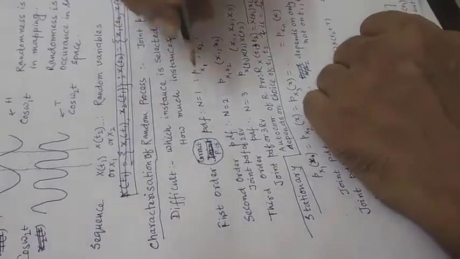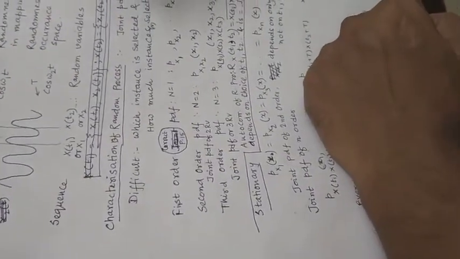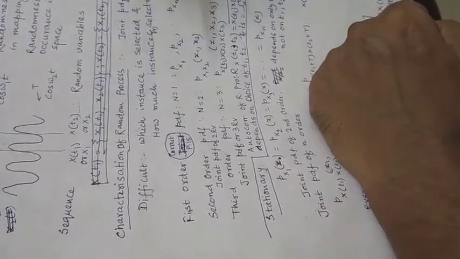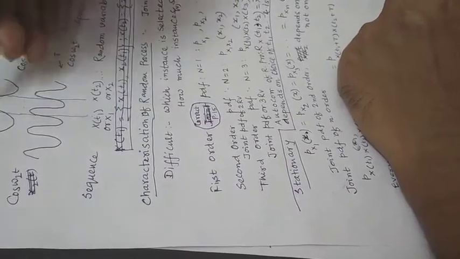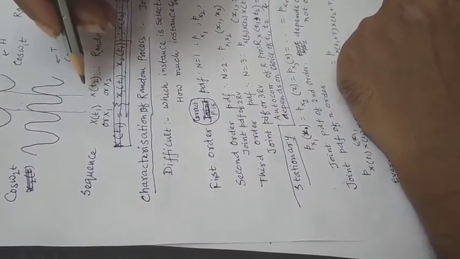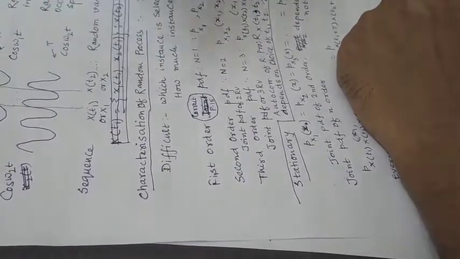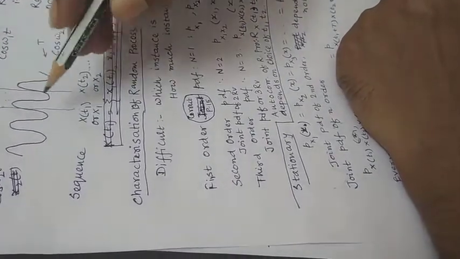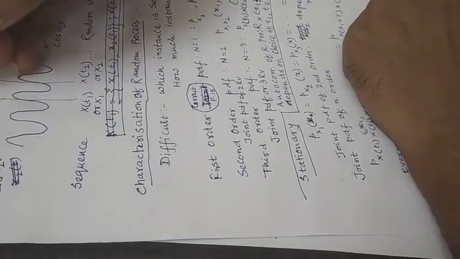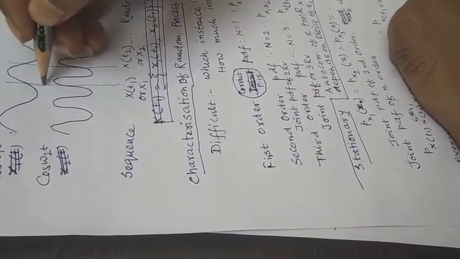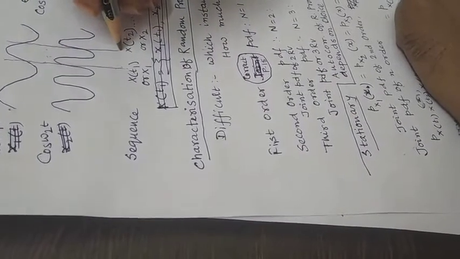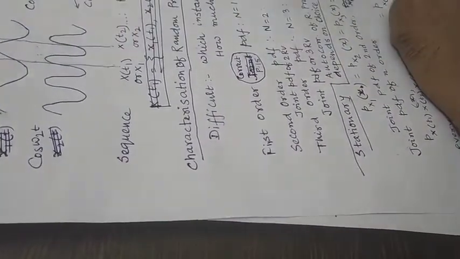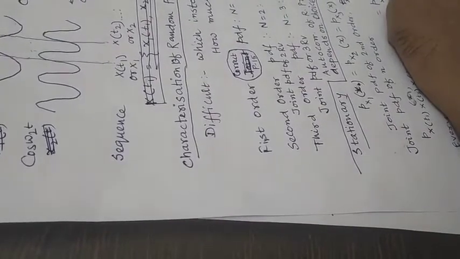Like random variables, they are characterized by probability density functions: first order, px1 at time t1, and px2 at time t2, and also the joint probability density function of the random variable at t1 and the random variable at t2. In a similar way, we can consider three instants.